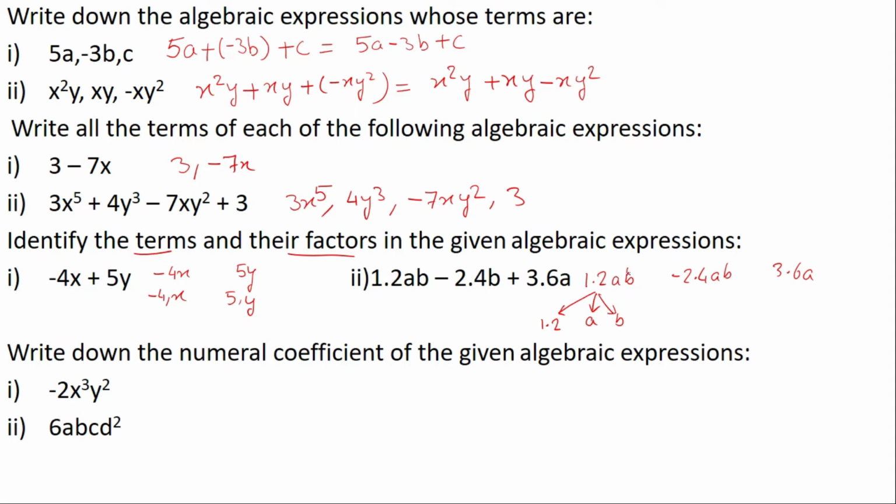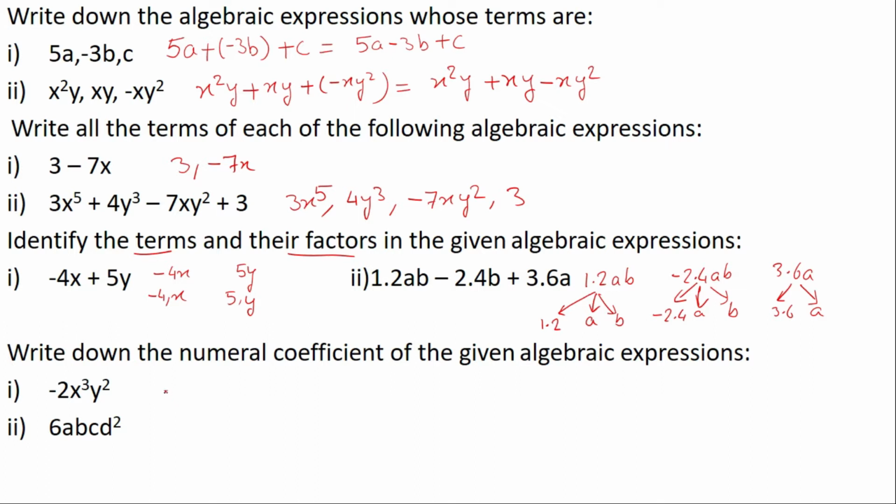These are the factors for the first term. For the second term the factors are minus 2.4, a and b. For the third term the factors are 3.6 and a.